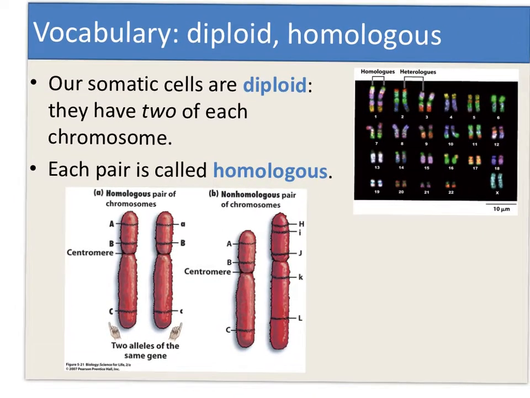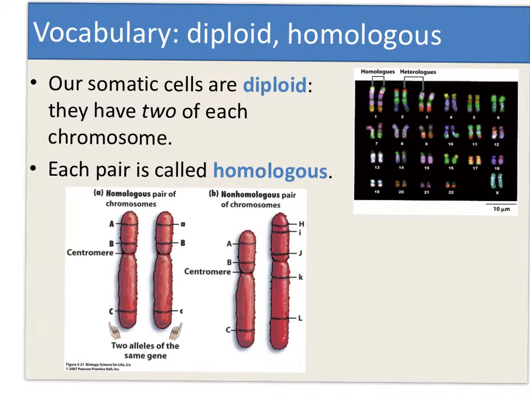Okay. Now, our somatic cells, what does it mean that they're diploid? So, chromosomes.